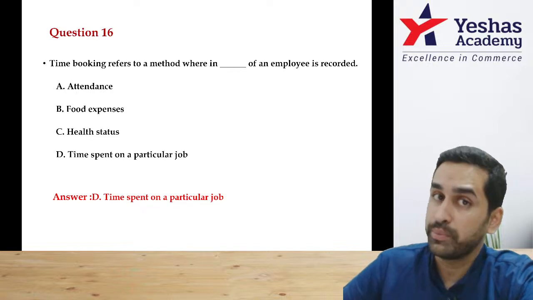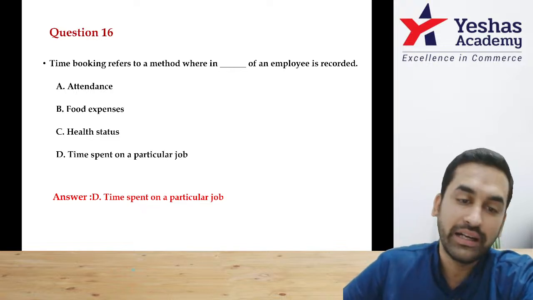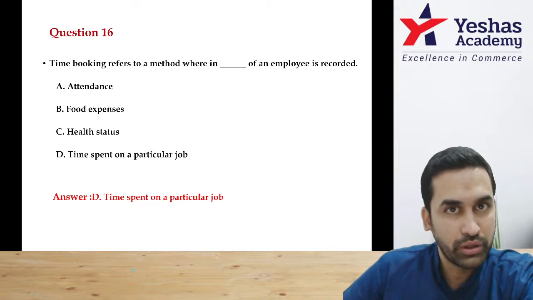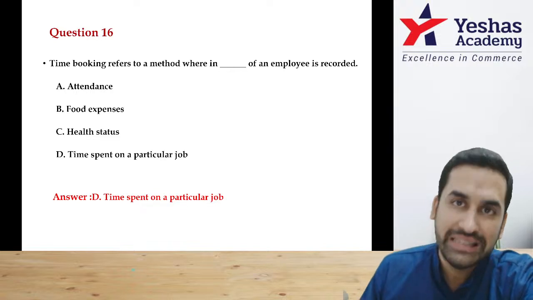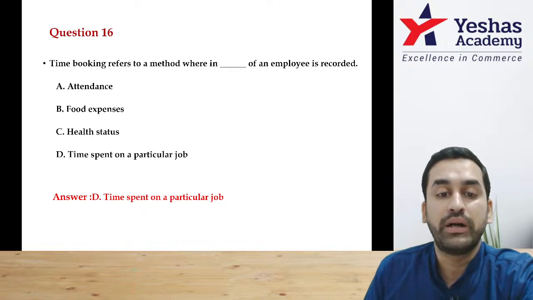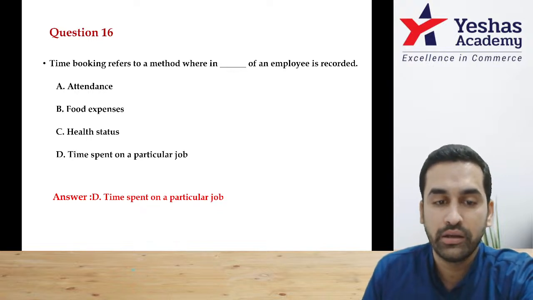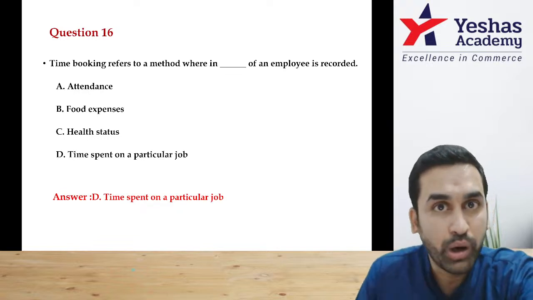Read the question properly. They said time booking. Time booking is not attendance. Attendance is whether you have come to the factory or not, what time you came, what time you left. That is attendance. But option D says time spent on a particular job. That is time booking. Sir, then what is attendance? That is time keeping. Very important.